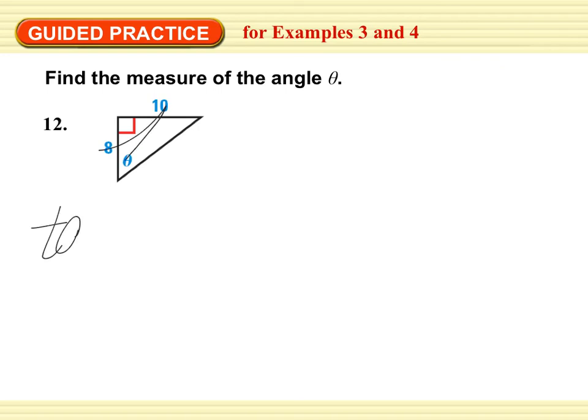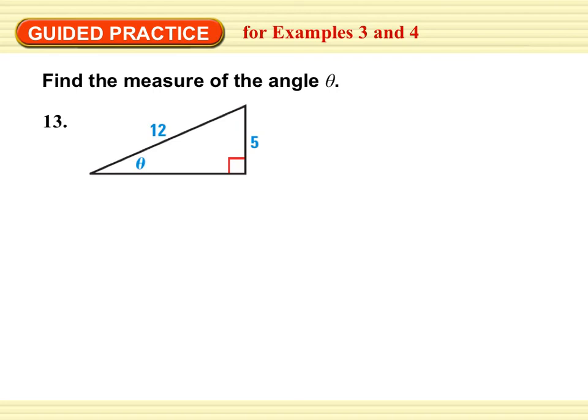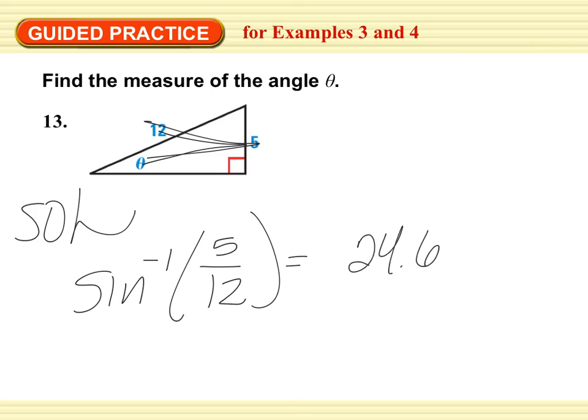That's tangent. Tangent -1 of opposite over adjacent is 51.3 degrees. Okay, I've got theta. This is opposite and my hypotenuse. That's sine. Sine -1 of opposite over hypotenuse. Easy peasy.